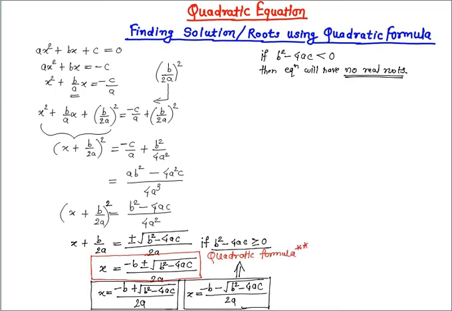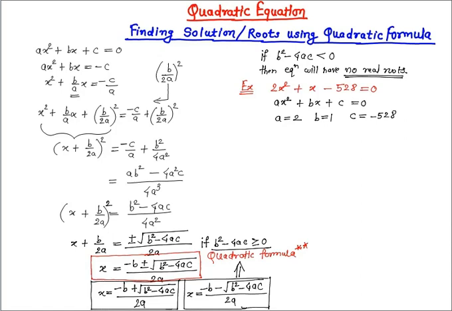Now let's take one example and solve it using quadratic formula. Example: 2x squared plus x minus 528 equals to 0. If we compare this with the general form ax squared plus bx plus c equals to 0, we get the values of a, b, c. a is 2, b is 1 and c is minus 528.